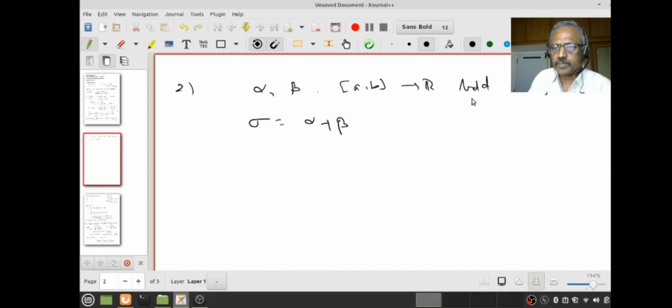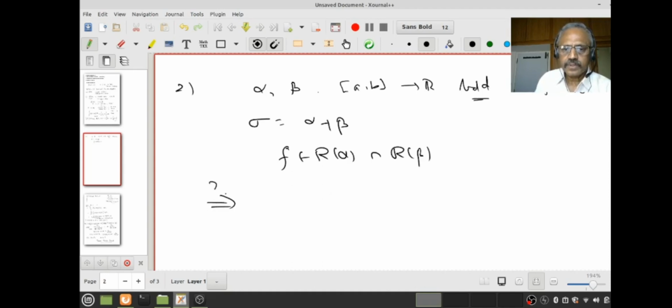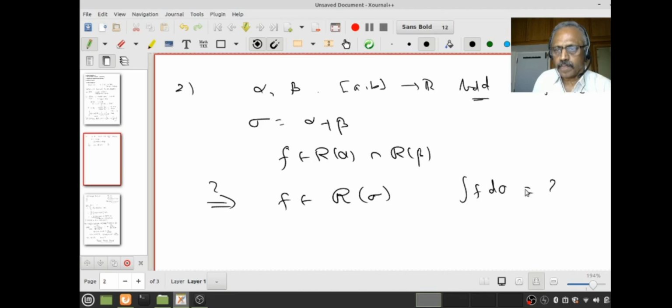Then sigma is also a bounded function, so I can use it as an integrator. Now what I want to ask is, suppose f belongs to R of alpha, also it belongs to R of beta. Then I want to know whether f is in R of sigma, and not only that, what is the integral of f d sigma. Is the question clear?